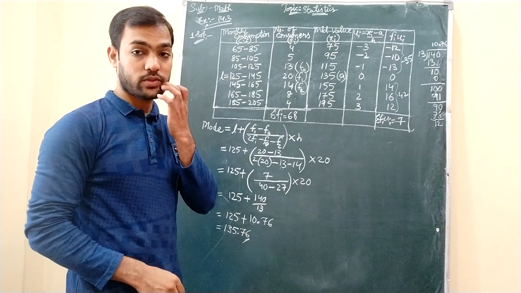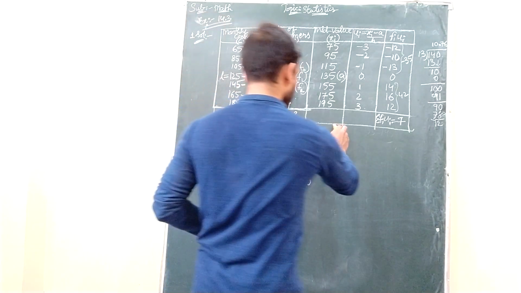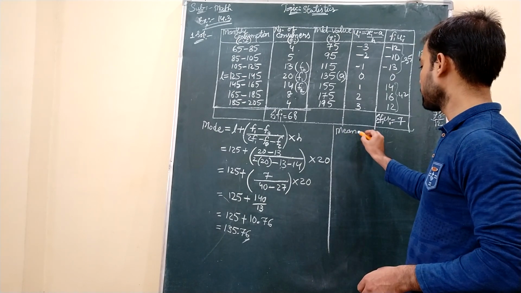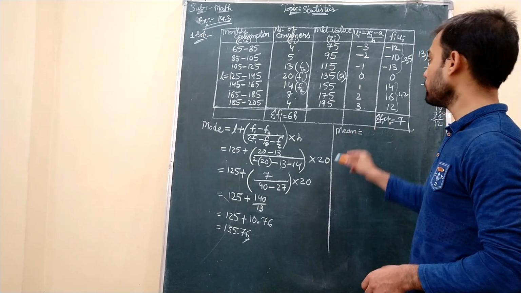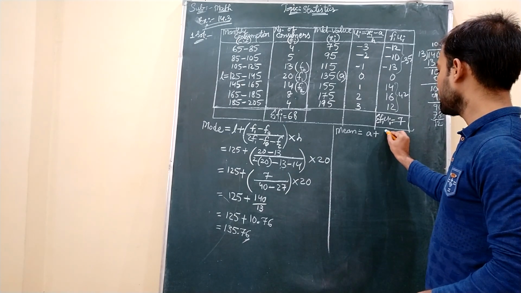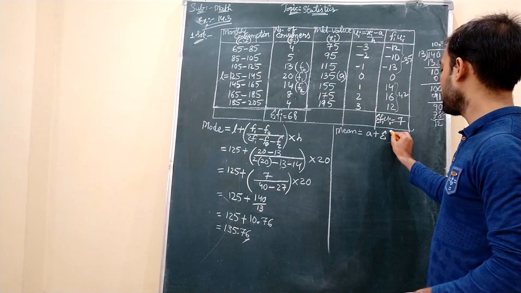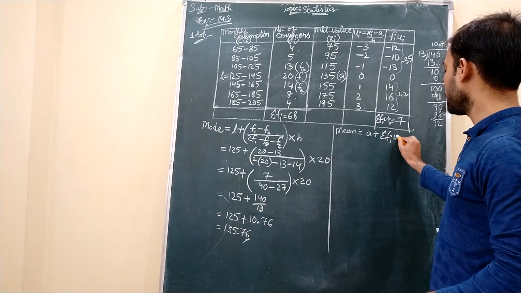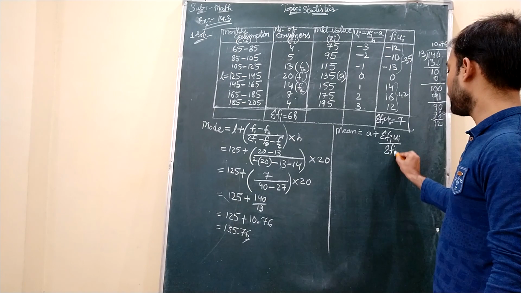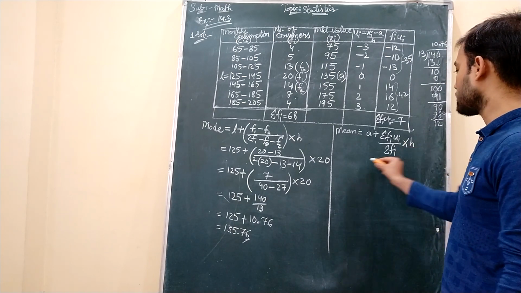Now also we have to find out mean. So mean we will do now. Mean is equal to, as we are doing step deviation method, A plus sigma Fi ui by sigma Fi into h.